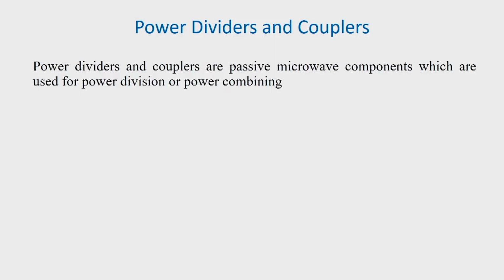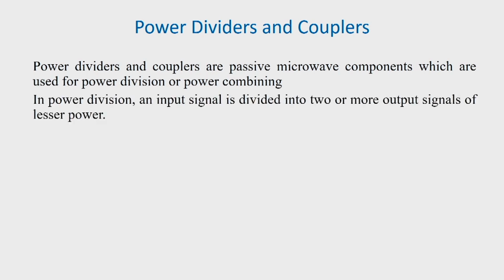dividers and couplers. Power dividers and couplers are passive microwave components which are used for power division or power combining.